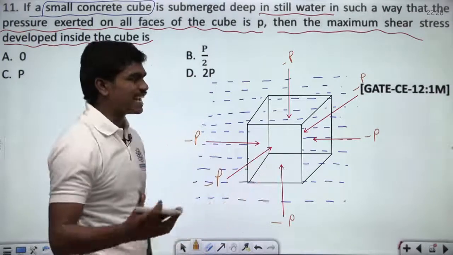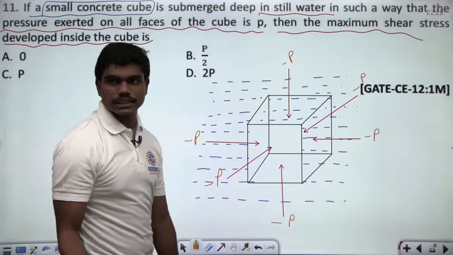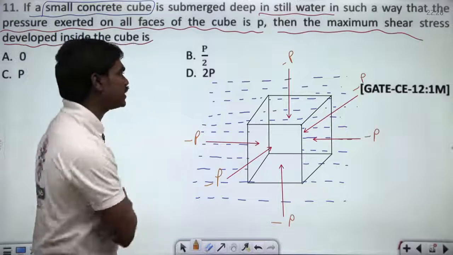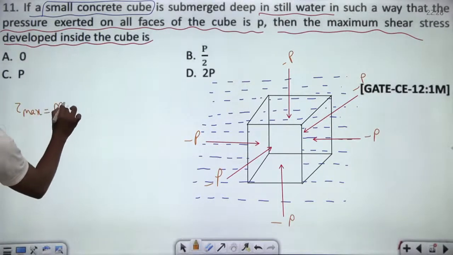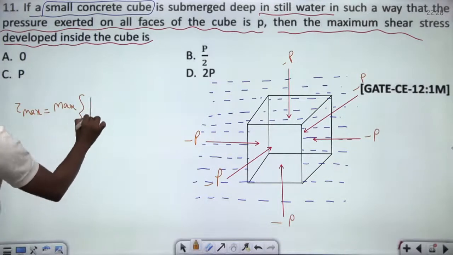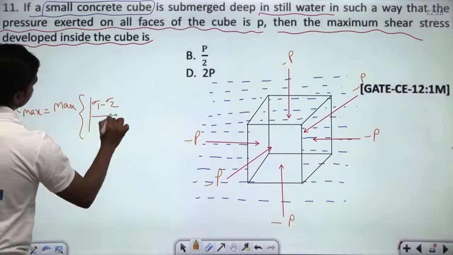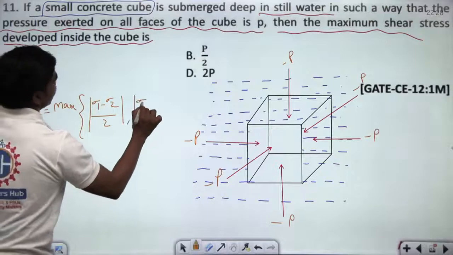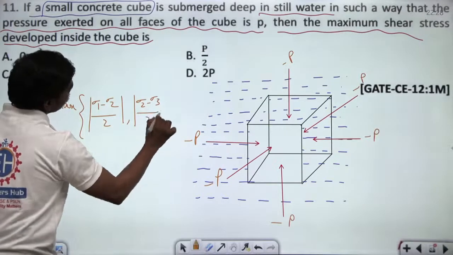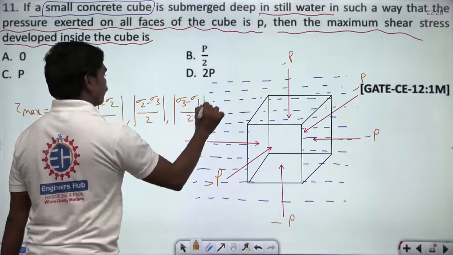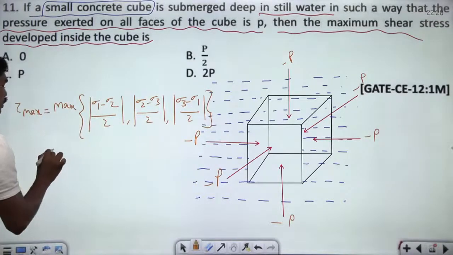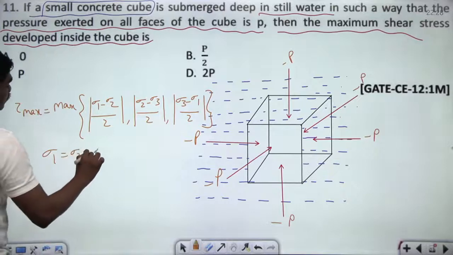Now, it's a state of triaxial stress, correct? If you go to a bit of strength of materials, then you know your tau max is equal to the maximum of (sigma 1 minus sigma 2)/2, (sigma 2 minus sigma 3)/2, (sigma 3 minus sigma 1)/2. But in this case, all your principal stresses are the same.